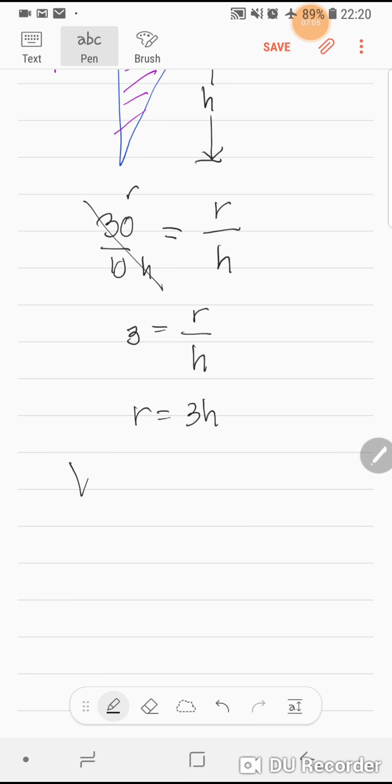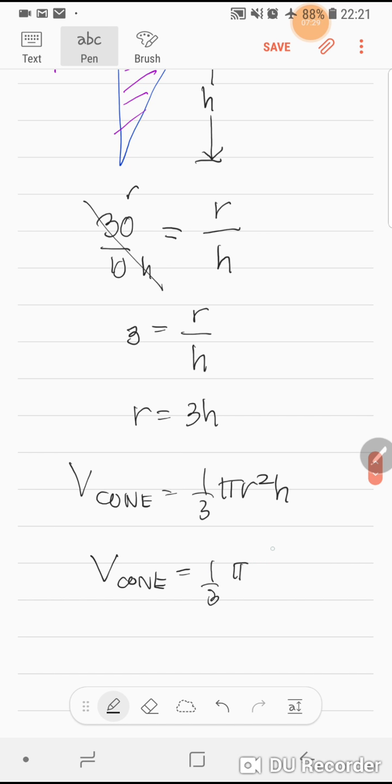By virtue of the volume of a cone, which is 1/3 pi r squared h, we know that the volume of the cone is what we are looking for, especially its rate of change with respect to time. So 1/3 pi r squared h, and we know that the radius is 3h.